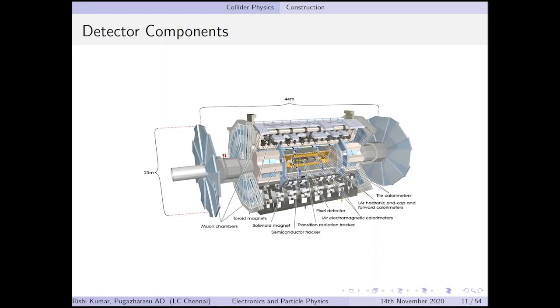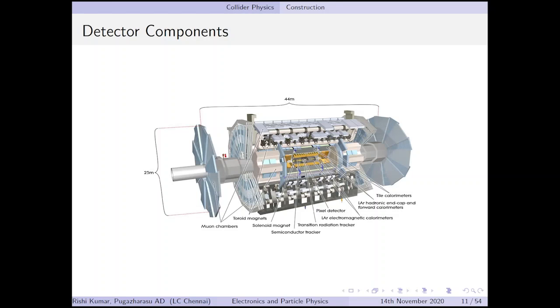The greater their magnitude of charge, the greater the deflection of the particle from the initial beam. Only the component of momentum perpendicular to the magnetic field is affected by the magnetic field. Because of this solenoidal magnetic field, the tracking system is sensitive to both the charge and the transverse momentum of the particles.